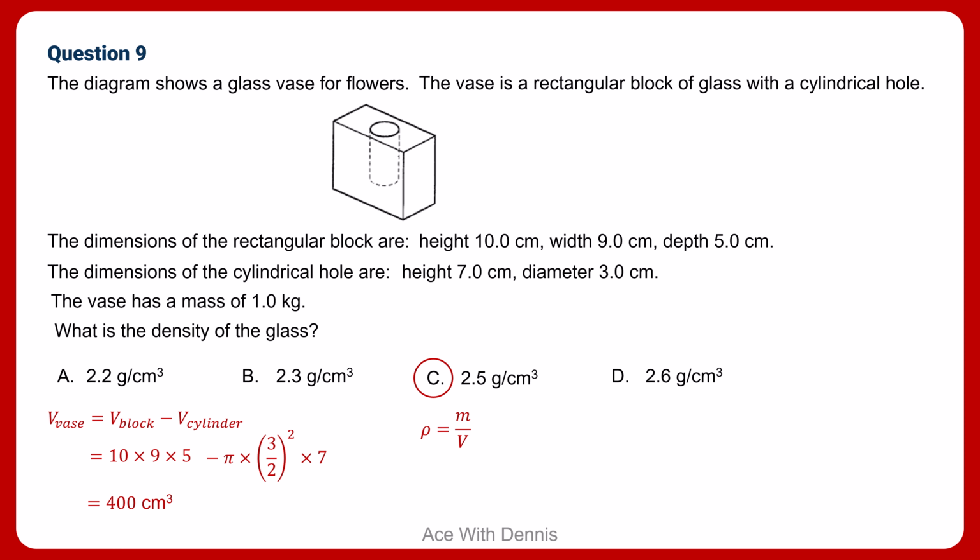We know the formula for density: rho equals the mass m divided by the volume V. We substitute the values: the mass 1 kg or 1000 grams divided by the volume of the vase, which is 400 centimeters cubed, and we get 2.5 grams per centimeter cubed.